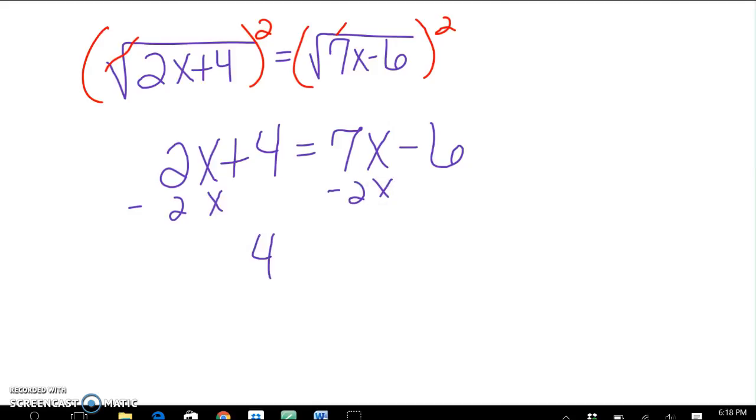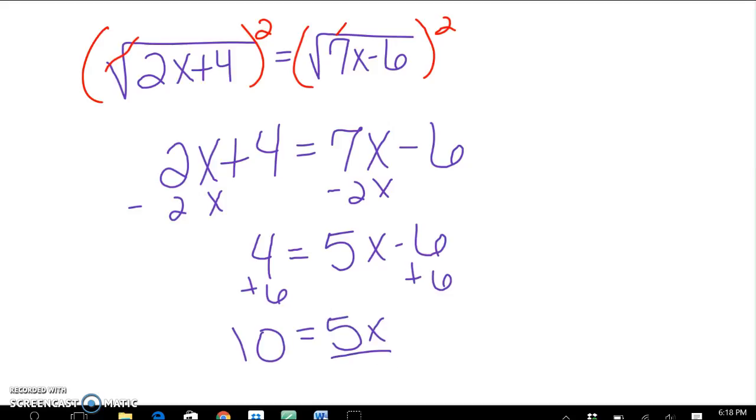So that leaves 4 equals 5x minus 6. I'm going to add 6 to both sides. 10 equals 5x, which means x equals 2. All right, I'm going to do some mental math on this one.